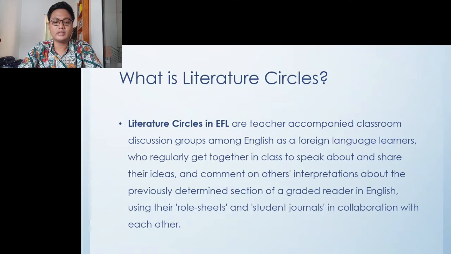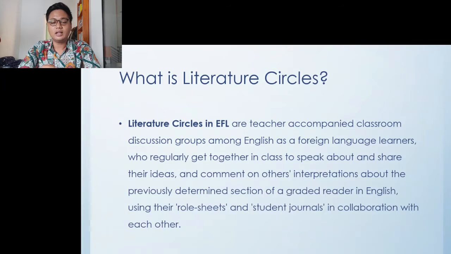The circles meet regularly, maybe once a week or twice a week, and the discussion roles change at each meeting. When the circle finishes a book or some story, the members decide on a way to showcase their literary work for the rest of the class. That's from Daniels, 1994.